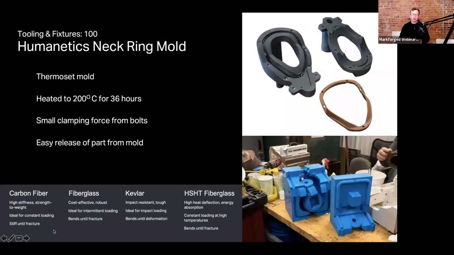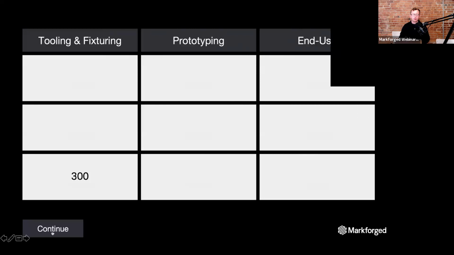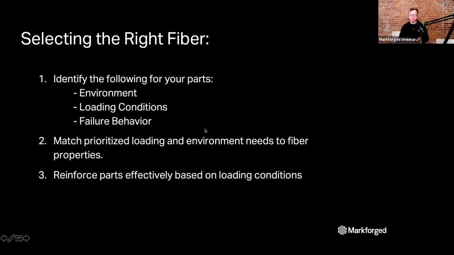Okay, so one of the key takeaways here, and why I walked you through all these examples, is that there's not one go-to fiber for a specific application group or industry. It's really up to you to decide what fiber will work best based on the needs you have. And the way to do that is by thinking critically about the environment you need your part to succeed in.